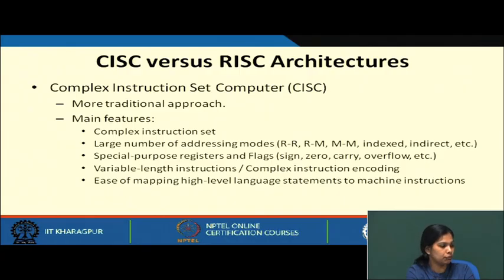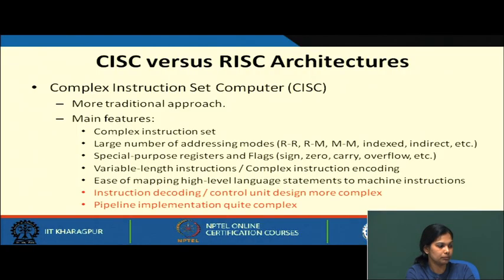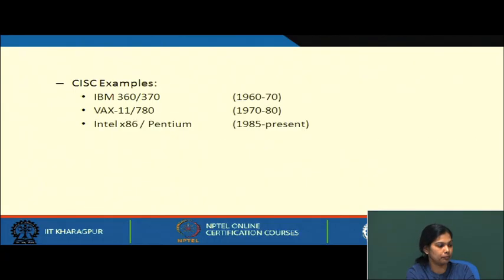So, ease of mapping high level language statements to machine code is possible in CISC, but instruction decoding and control unit design are much more complex. And of course, if you have variable length instructions, pipeline implementation will also be quite complex. We are not saying that it will not be there, it will be there, but it will be complex.